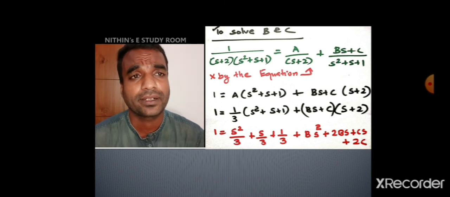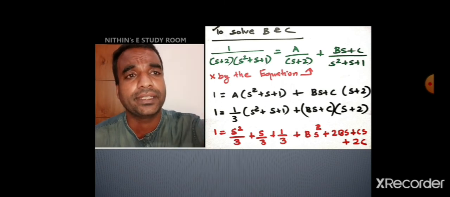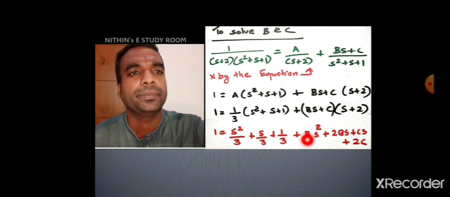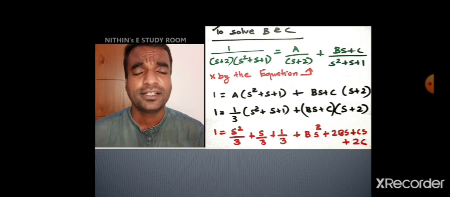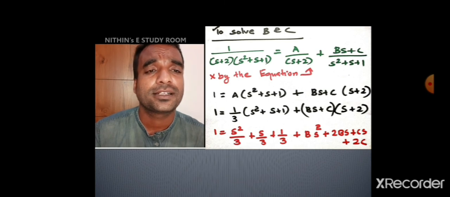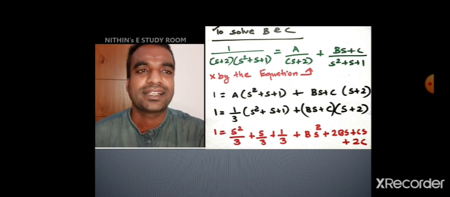1 is equal to 1 by 3 into the same things, and I am going to open the brackets. 1 is equal to s square by 3 plus s by 3 plus 1 by 3 plus bs square plus 2bs plus cs plus 2c. I am opening all the brackets. Now compare. What are the coefficients of s square on right side and left side?